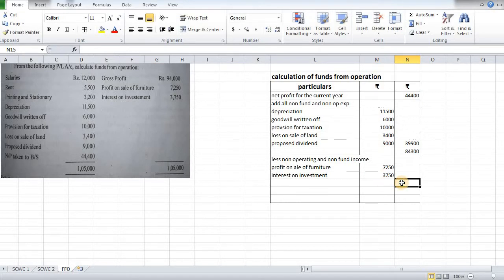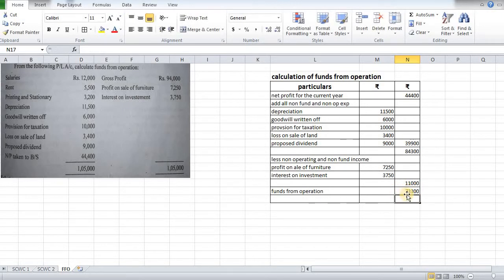So we will total it. The total value will be 11,000. Now we have to less this value from the earlier total amount we found, that is 84,300 less 11,000. The funds from operation will be 84,300 minus 11,000.